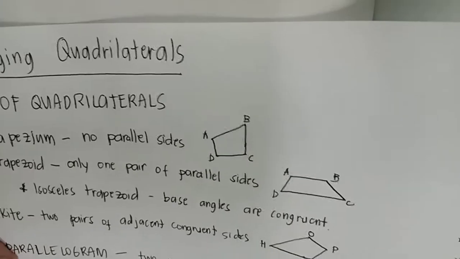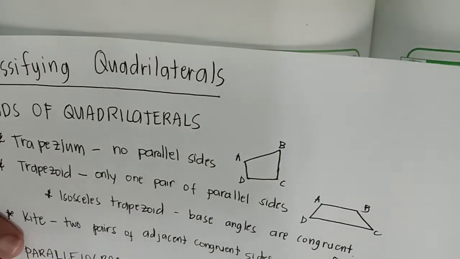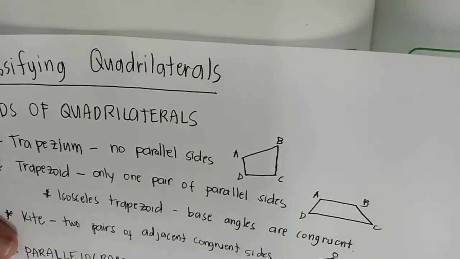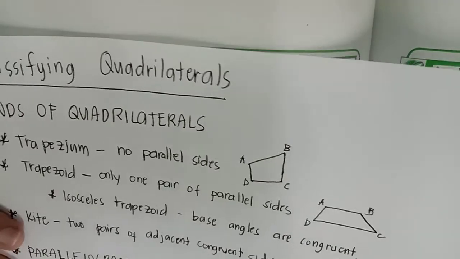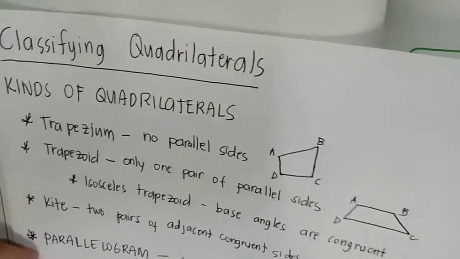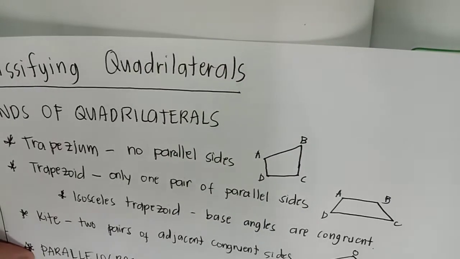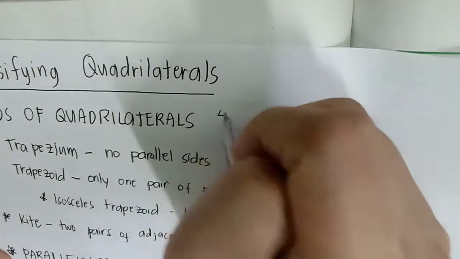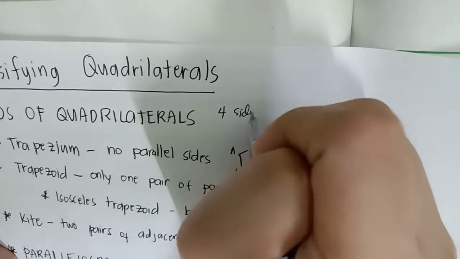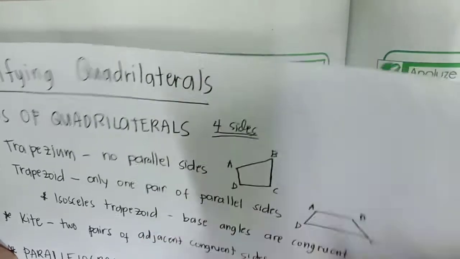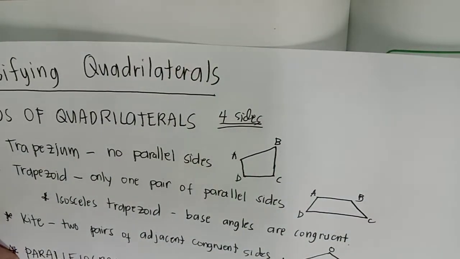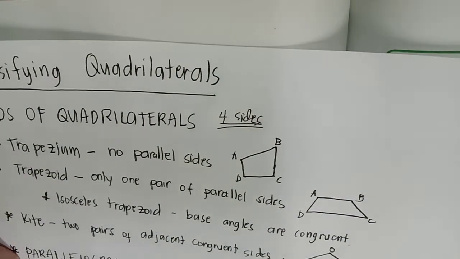So, sa classifying quadrilaterals po, we discuss kinds of quadrilaterals. Pag sinabi po natin quadrilaterals, it forms 4 sides. Okay? Whether it is congruent or not, basta meron po siyang 4 sides na nakikreate, that is pasok.